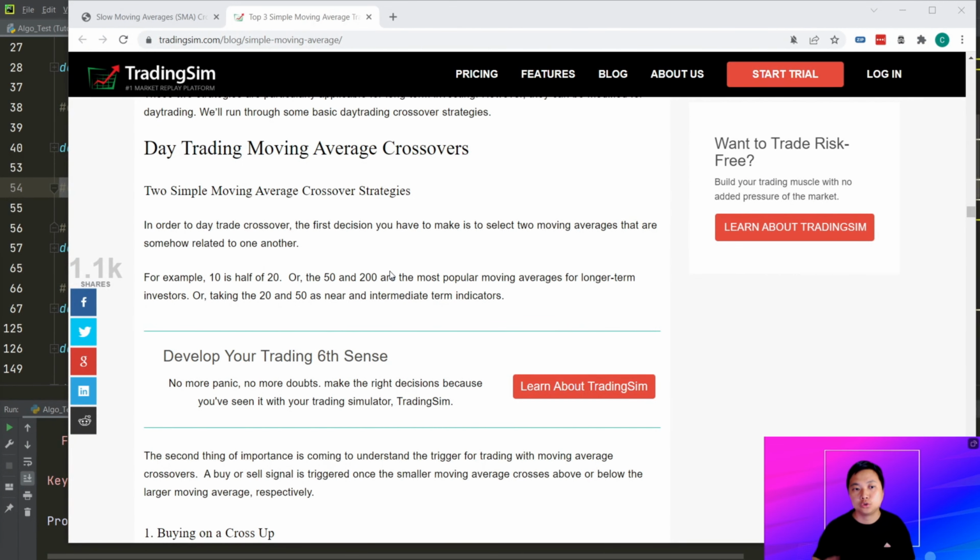Before we dive into the programming parts, let's learn a bit about the moving average crossover trading strategy. In order to day trade crossovers, the first decision that we have to make is to select 2 or 3 moving averages that are somehow related to one another. For example, 10 and 20, because 10 is half of 20.